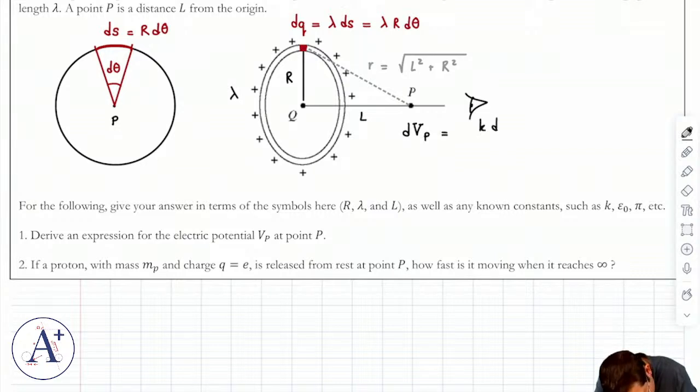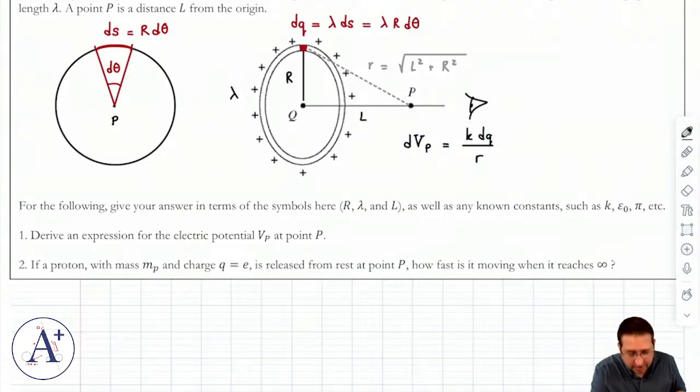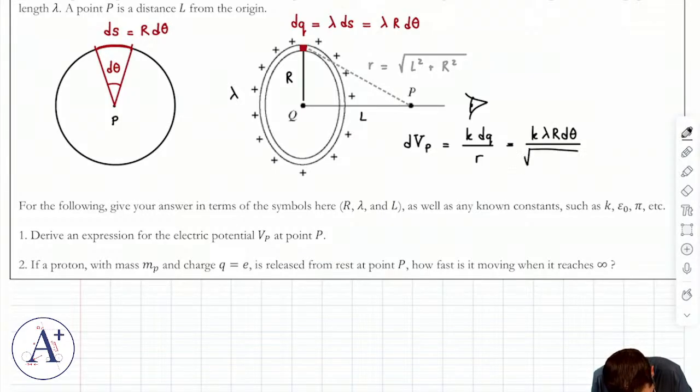It's K dq divided by r, because my slice is so small that I can treat it like a point charge. So I get to write that it's K dq over r. That's going to be K lambda R d theta divided by the square root of L squared plus R squared.